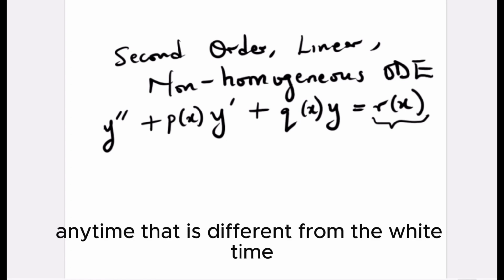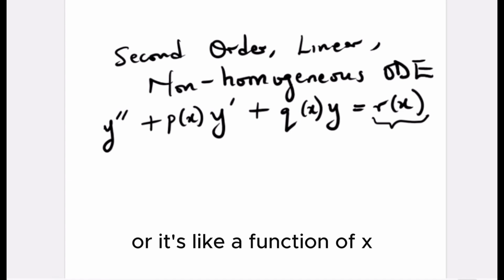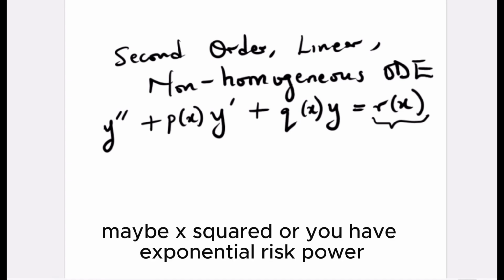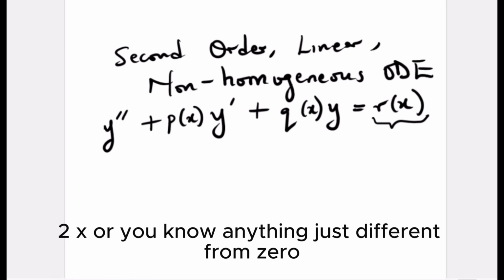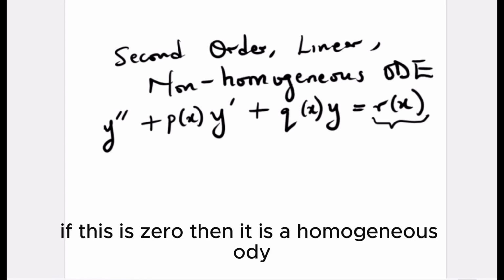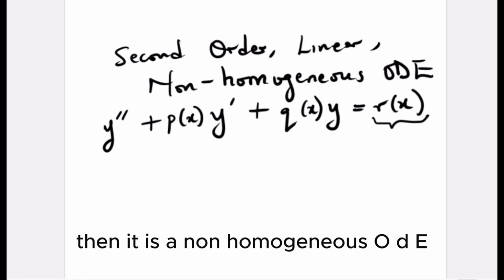Any term that is different from the y term, it's either a constant or a function of x, maybe x squared, or an exponential raised to power 2x, or anything just different from zero. If this is zero, then it is a homogeneous ODE. But since we have R(x) as a value apart from zero, then it is a non-homogeneous ODE.